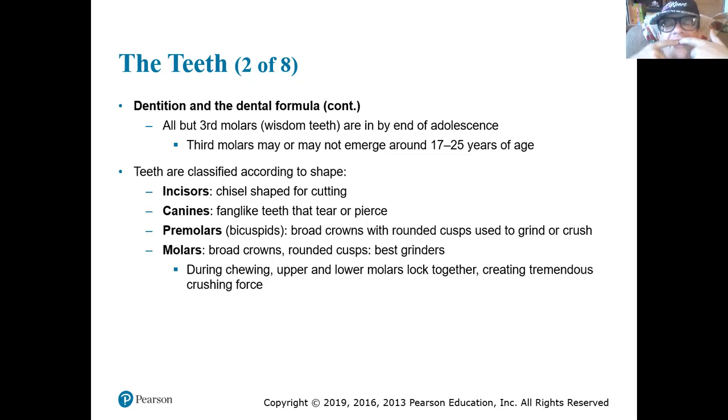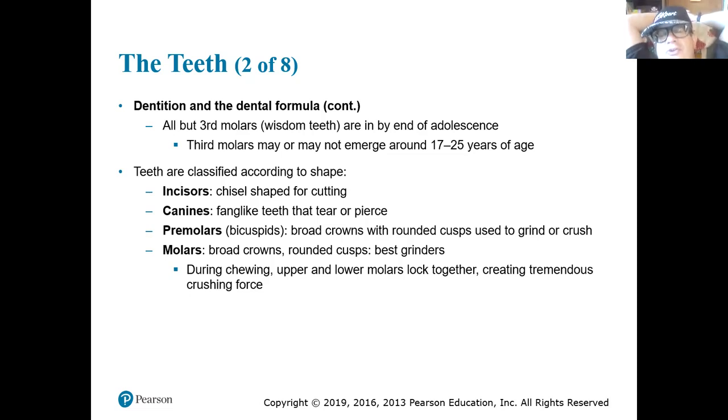So that means that in the front here, we have 2 pairs of incisors, 1 pair of canines, 2 pairs of premolars, and 3 pairs of molars, which you already know.